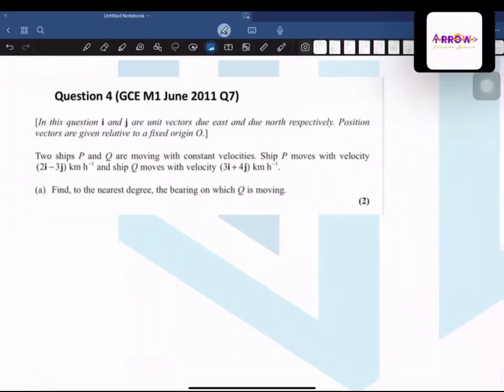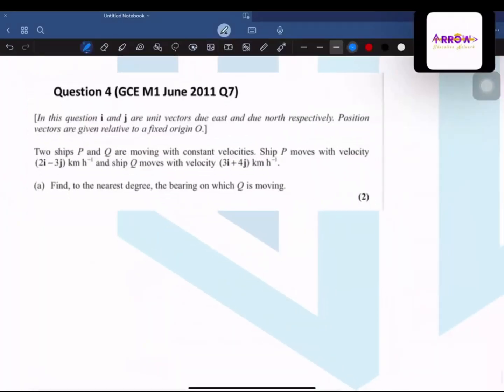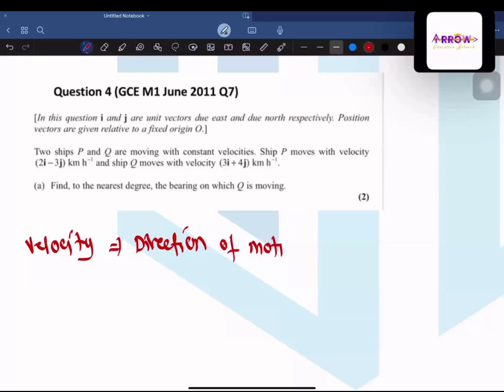We need to find the bearing on which Q is moving. Basically, the velocity vector tells you the direction of motion. So ship Q is moving with a constant velocity of 3i plus 4j kilometers per hour.